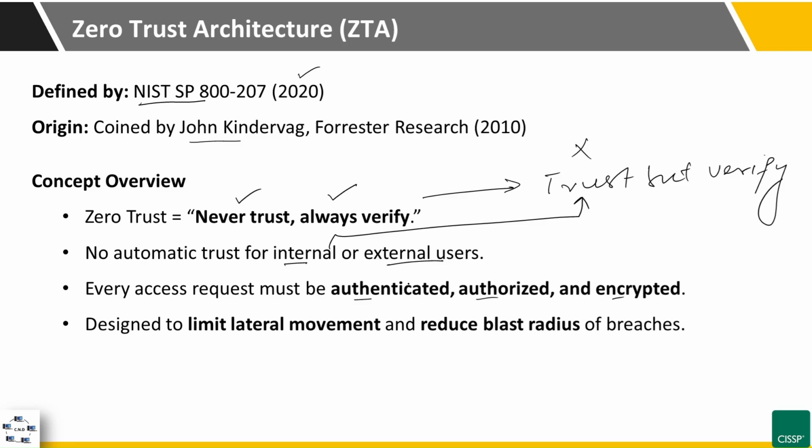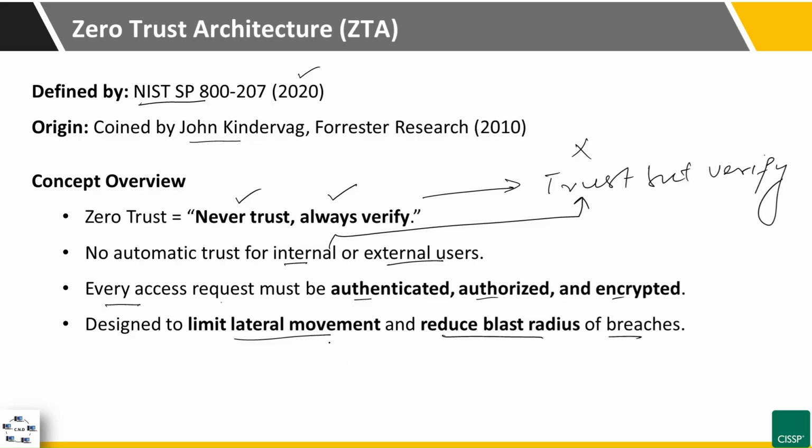Traditionally, the initial request was authenticated, authorized, and encrypted, but later on it was not so. But in ZTA, every request must be authenticated, authorized, and encrypted each time. So it is designed to limit lateral movement and reduce the blast radius of breaches. So these are important concepts.